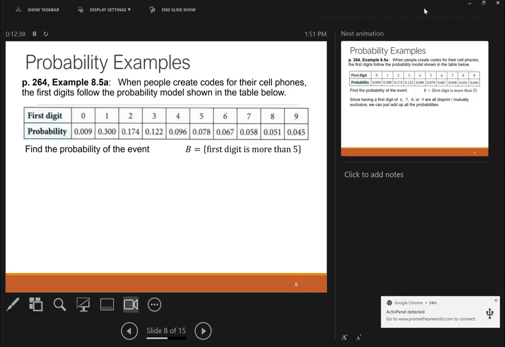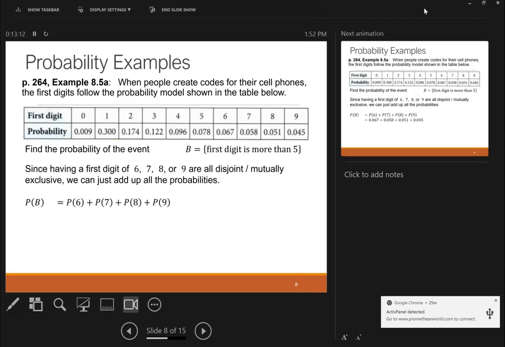Are those mutually exclusive events? Can your first digit be both 6 and 7? No. So how do we find the probability of mutually exclusive events? You just add the probabilities of the individual events. Yes. So it would just be P of 6 plus P of 7 plus P of 8 plus P of 9. Into your calculator it goes and you're done, right?